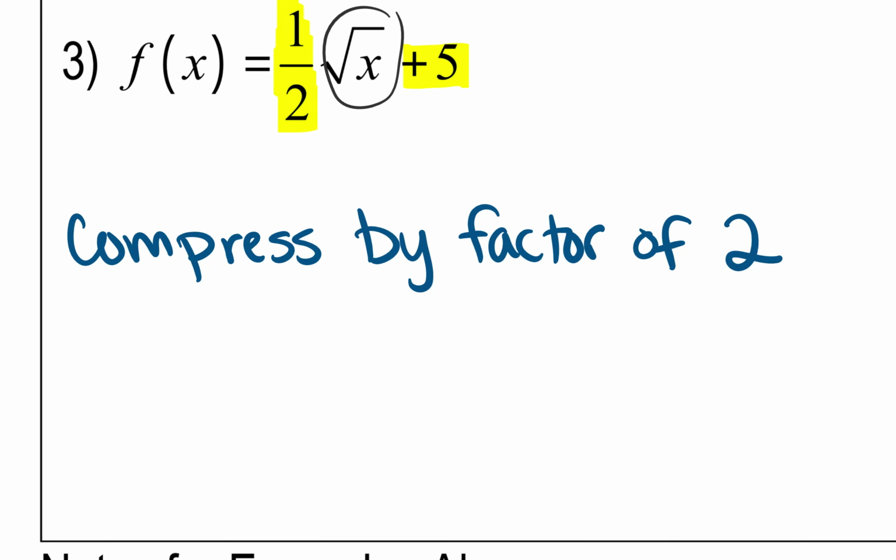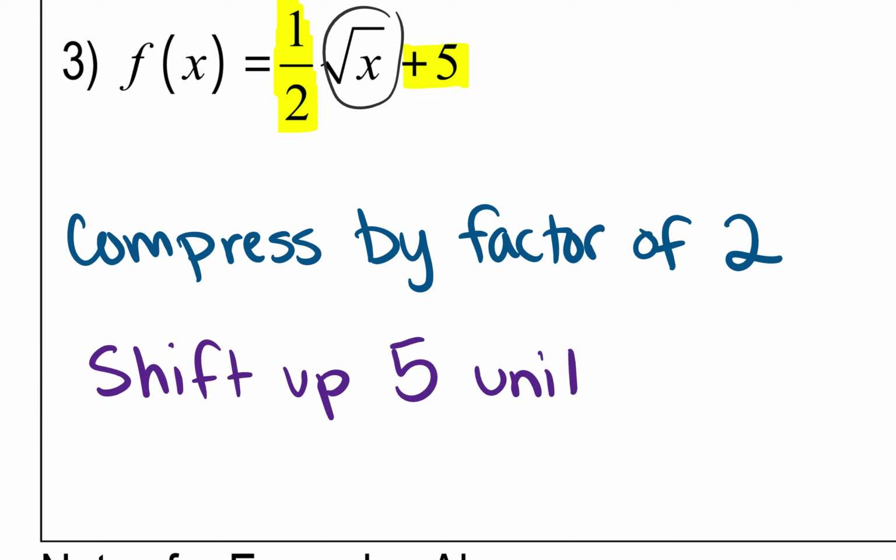Since my k is plus 5, my answer would be shift up 5 units. Or if you just want to write shift up 5, that's fine. You don't have to put the units if you don't want to. So that's my only 2 things here. I compress by 2 because it's 1 divided by 2, and then I shift up 5 because it's plus 5 that's not inside the square root.